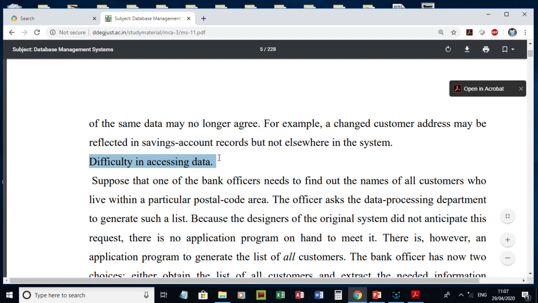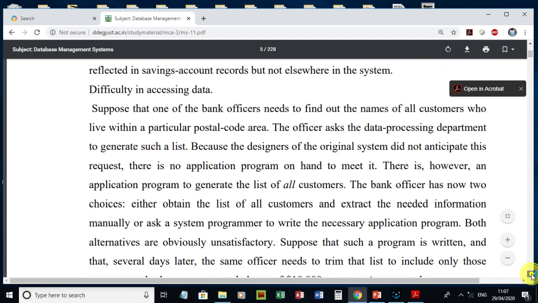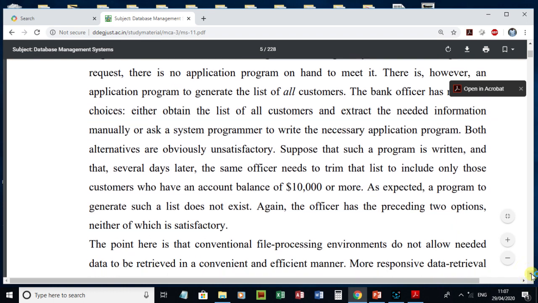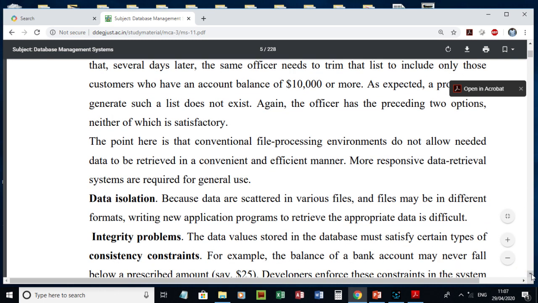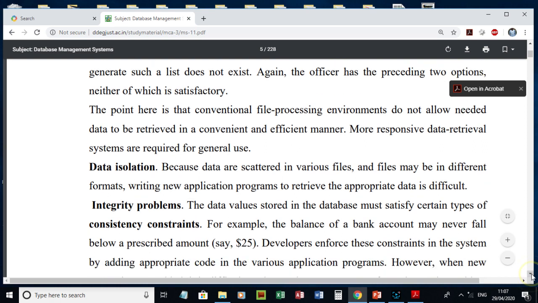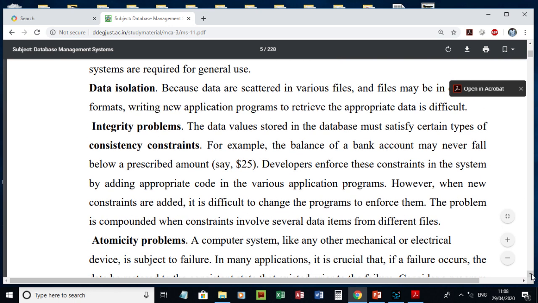Then we have data isolation, data integrity problems, and integrity constraints, meaning also atomicity. A computer system, like any other mechanical or electrical device, is subject to failure.